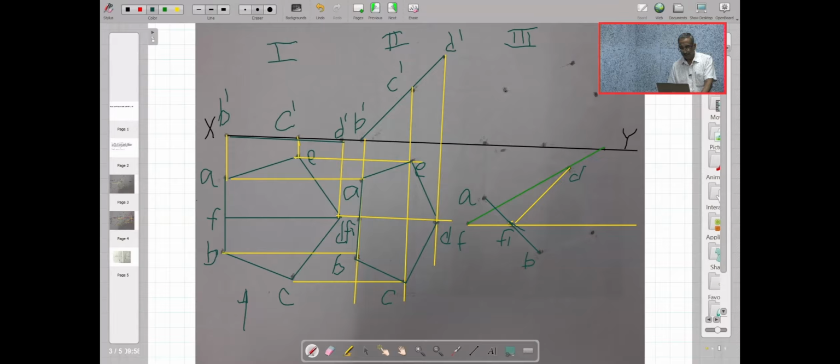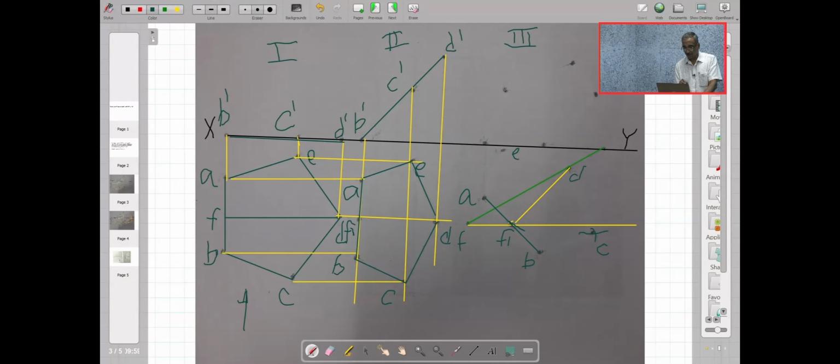To get the point C, I know this length BC. Take this B as center, this BC as radius, and draw an arc. Likewise, I have the point D here, with DC as radius from stage 2. Taking this point D as center, you draw an arc. These two arcs will intersect, and I will get the point C. Likewise, you will get the point E also. So now I have all the 5 points.